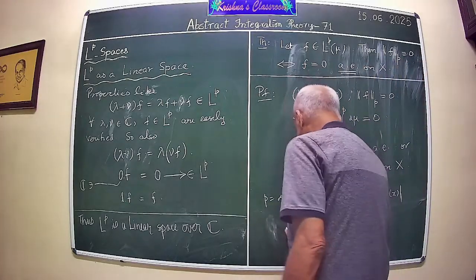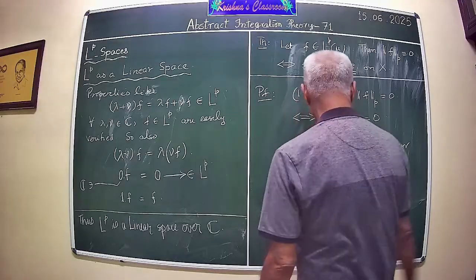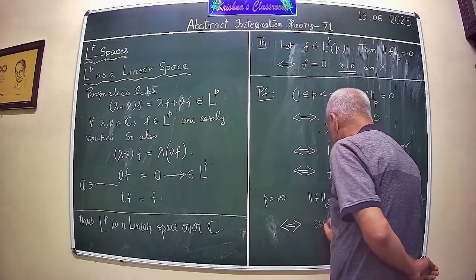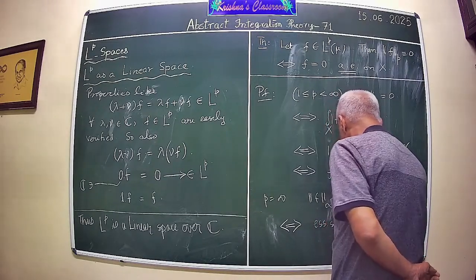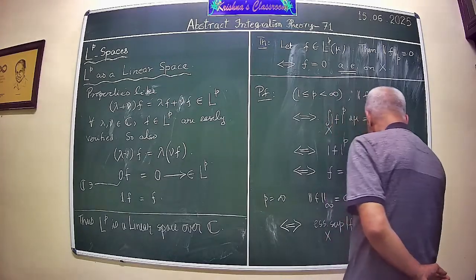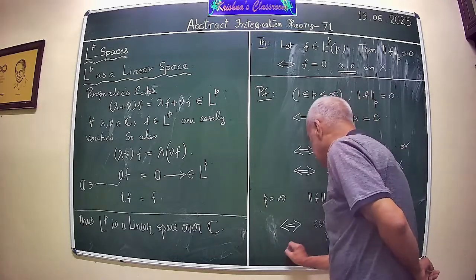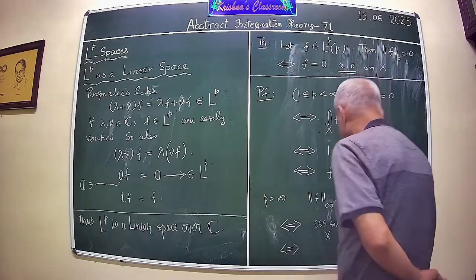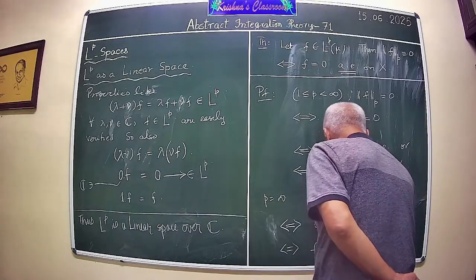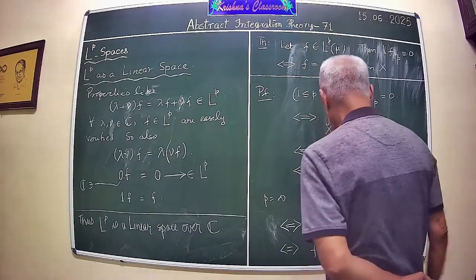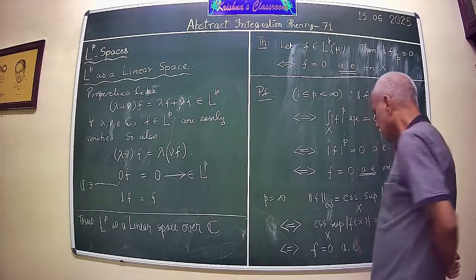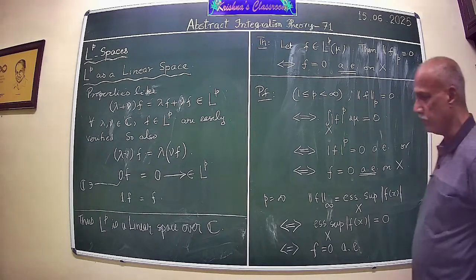Therefore, this is equal to 0 if and only if essential supremum of f is zero, and that happens when f is zero almost everywhere. Look at the definition of essential supremum. AE stands for almost everywhere.